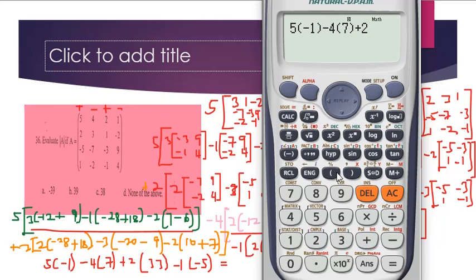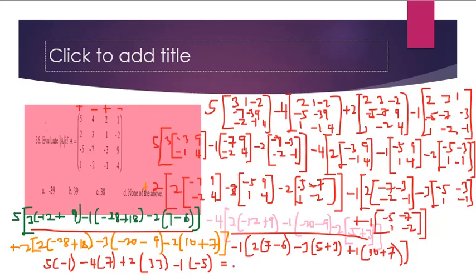Plus 2 multiplying 33, okay. Then we have minus 1 minus 5, okay. So let's check the answer. Okay, so the answer will be what? 38, okay. So this is what? 38. So that's the final answer, okay.